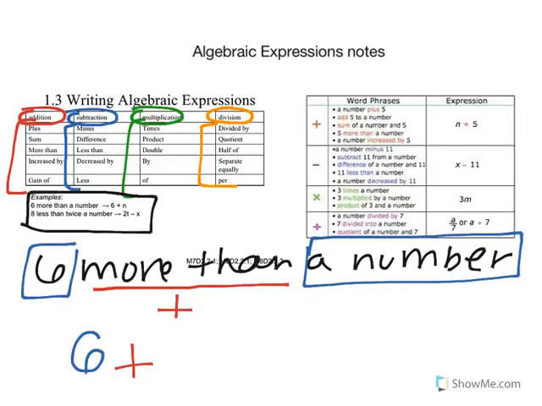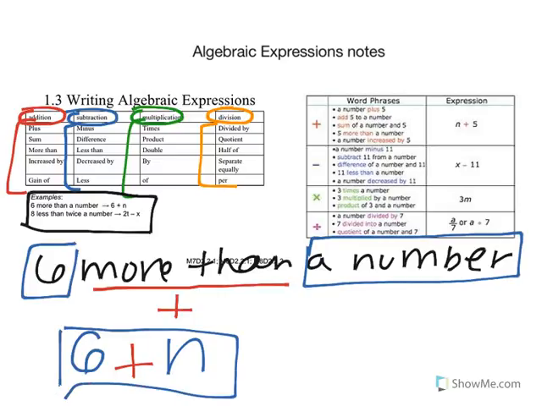But in this case, it's n. So 6 plus n, and that's your answer. What we're in essence doing is we're taking a word problem and making it into an expression using numbers and signs.